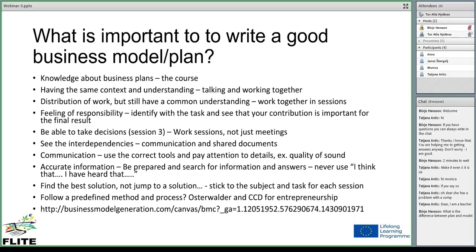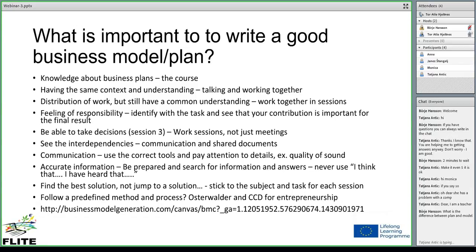Another thing that's important, regarding the final result or the final business plan, is that we, as far as possible, try to use accurate or precise information. When you talk to your friends, you might say, I think that, or I have heard that, and they say, okay, and maybe that's true.